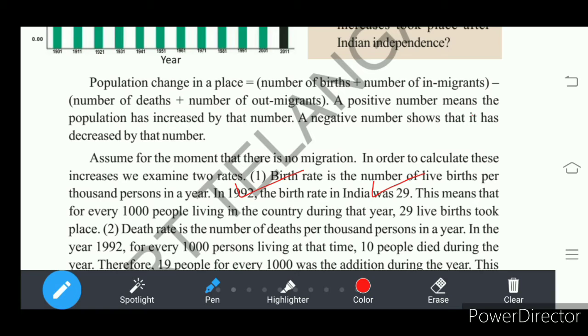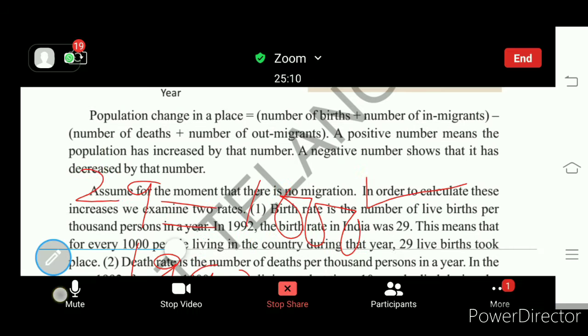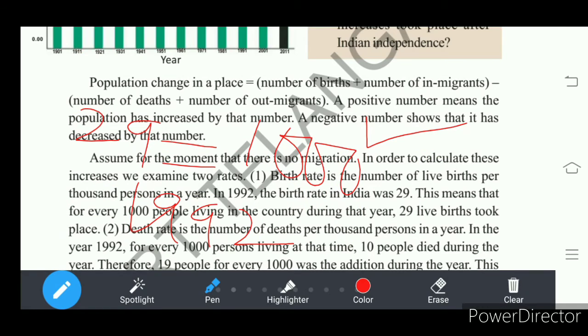In our country in 1992, 29 persons were born for every 1,000 people, and it is called birth rate. So what was the birth rate in 1992? It was 29.